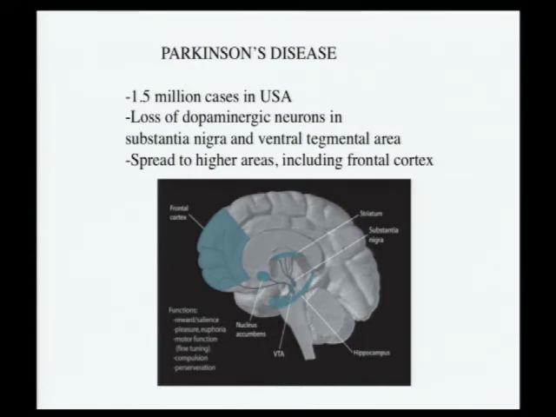This progression has been well described by several others, including Braak in Germany, staging the disease. The first lesions, which are not illustrated here, are found in the olfactory bulb and in the gut, and it appears that they then spread from there into the rest of the CNS.